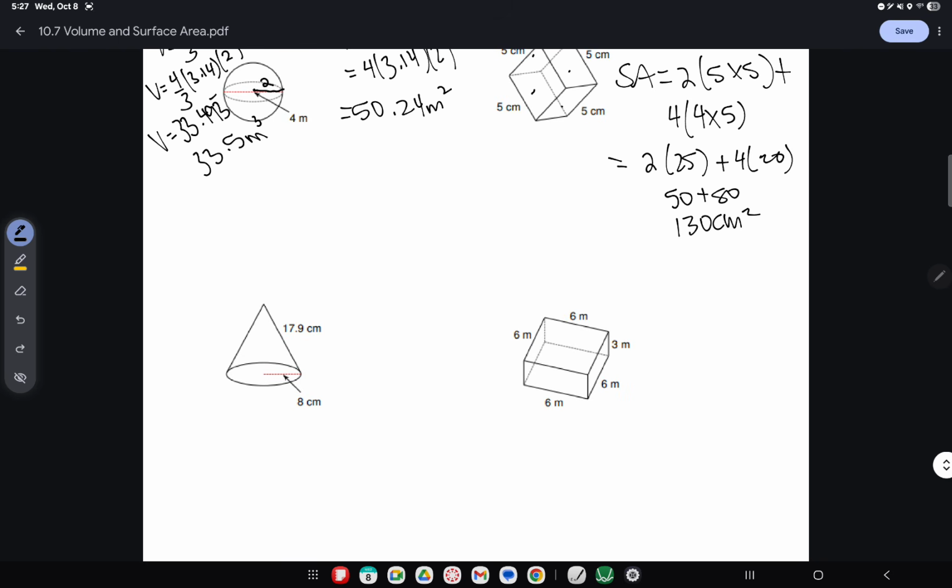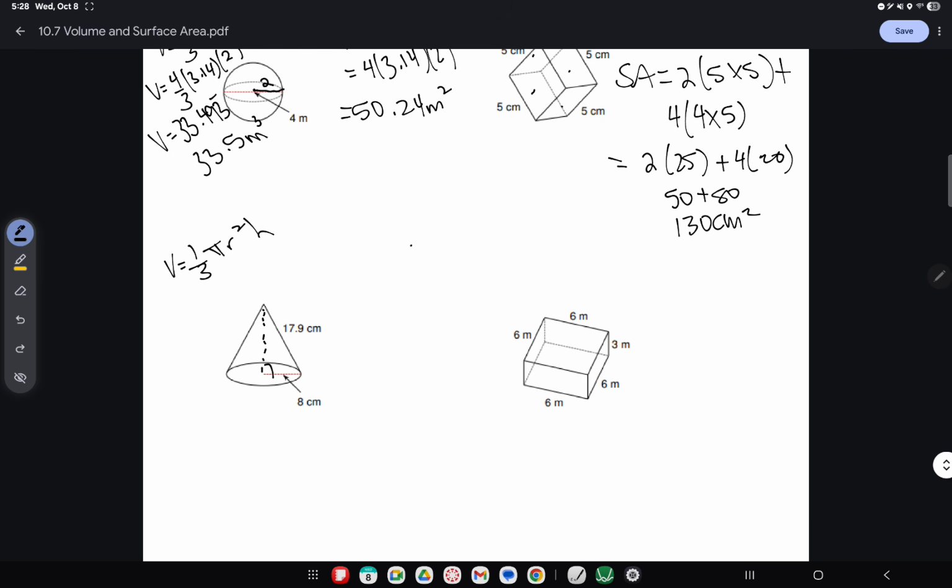All right, we've got a cone. So the volume of a cone is 1/3 area of the base. The base is a circle, so pi r squared. And then times the height. Now, this wasn't a very good example.